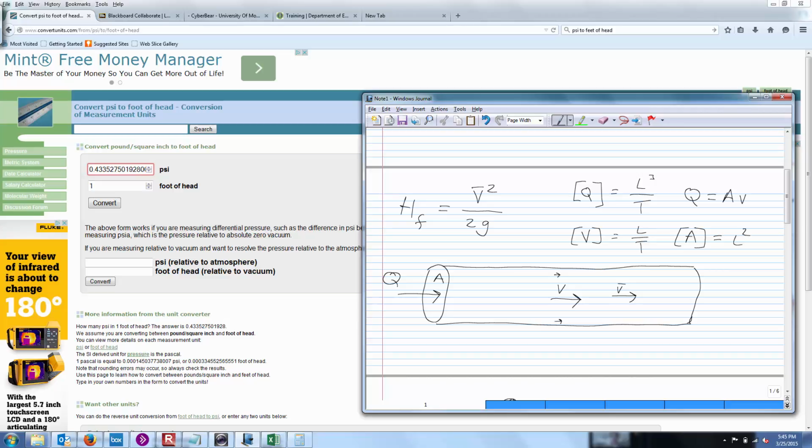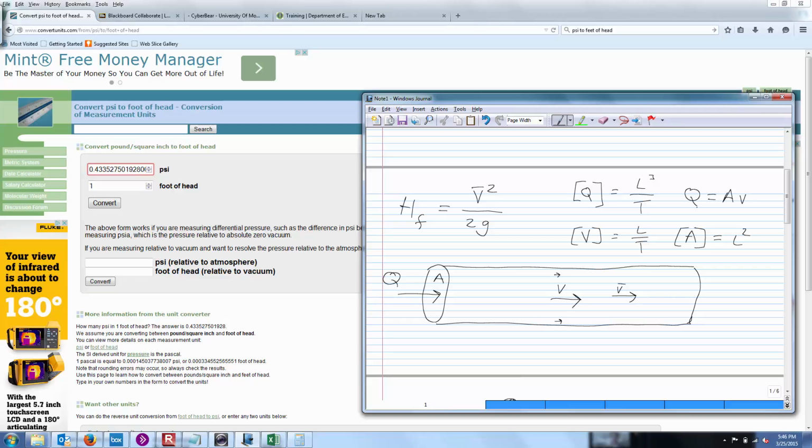A column of water that's 1 inch square and 2.3 feet tall is 1 PSI. We also know that the faster water flows through this pipe, the more pressure we're going to lose, and that's just from turbulence. And then the 2G is just our constant in this case.